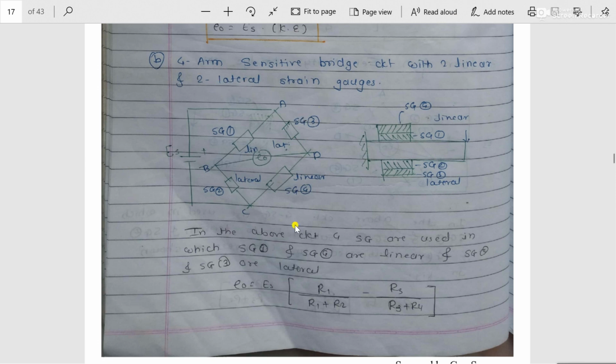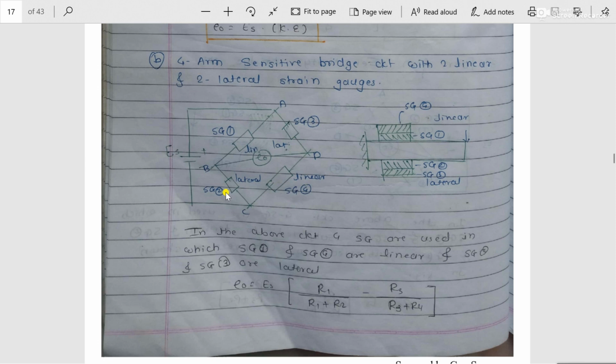If you go through this figure, the circuit diagram consists of 4 strain gauges. Out of the 4, strain gauge 1 and strain gauge 4 are in front of each other, and these 2 are linear strain gauges.